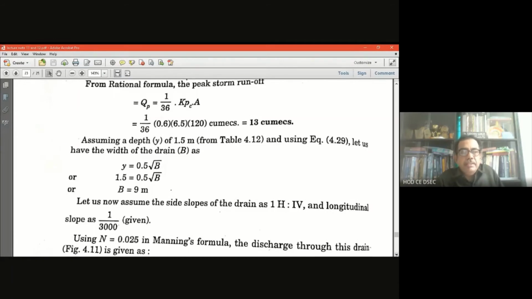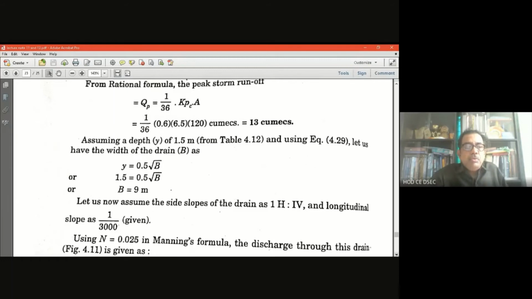Now assuming a depth Y of 1.5 meter, and using the equation, let us find the width of the drain B. It is an assumption in the design. First of all, you have to assume some depth of the water, which is 1.5.